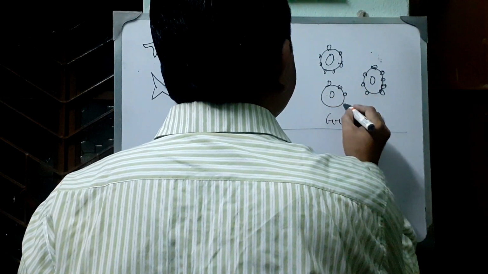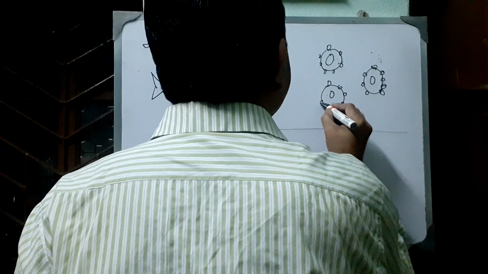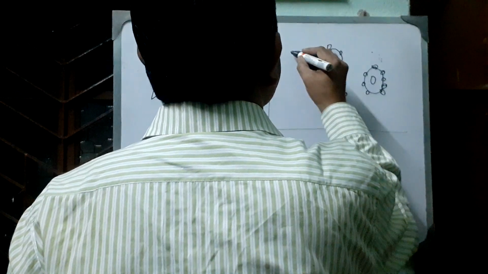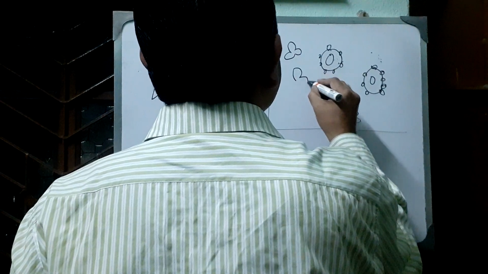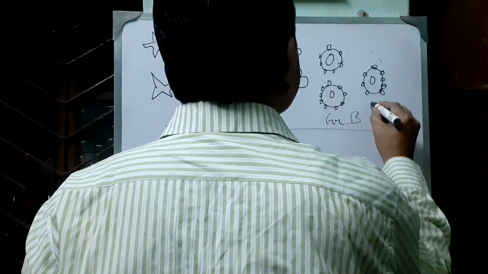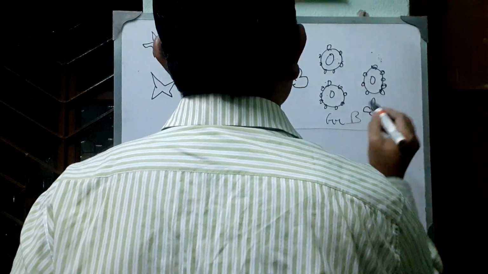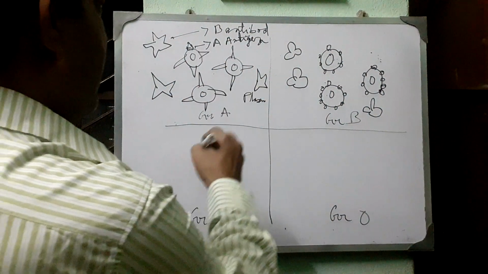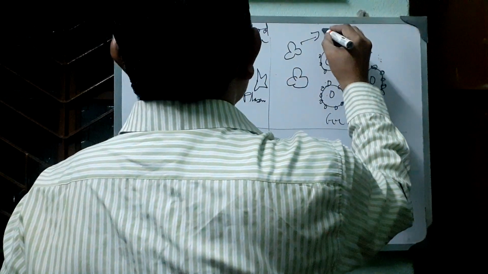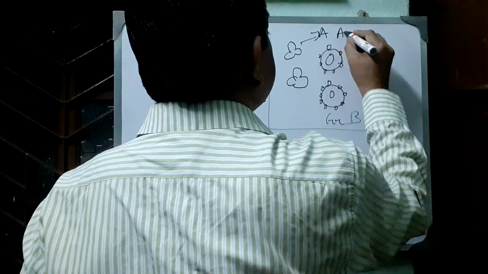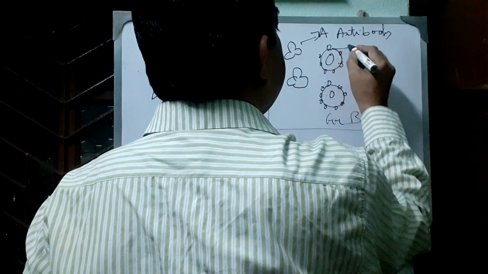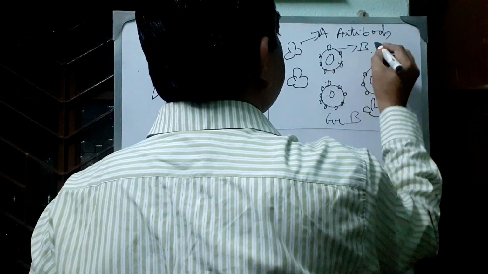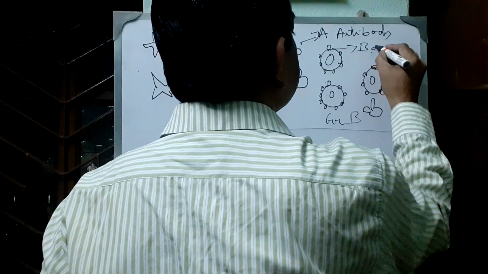Here the A antibody will be present in the plasma. This is the A antibody, and this is the B antigen on the surface of the red blood cell.